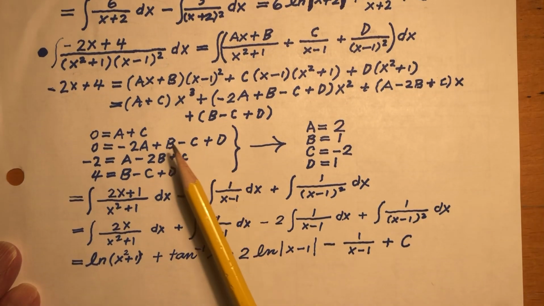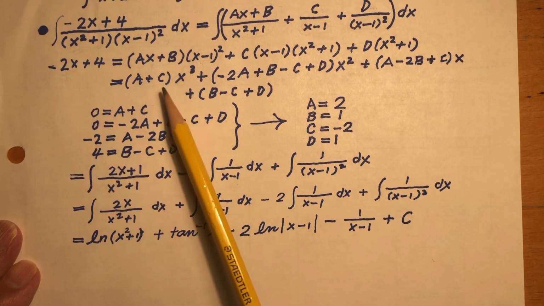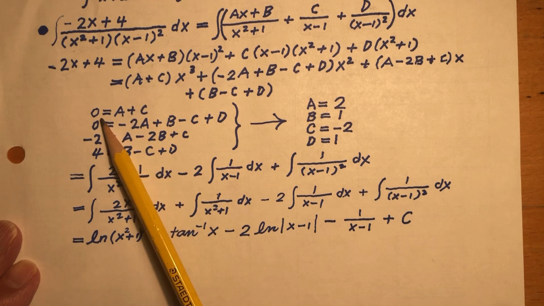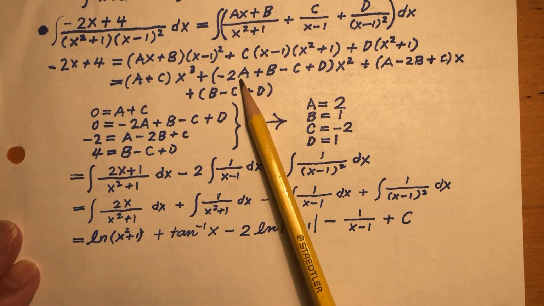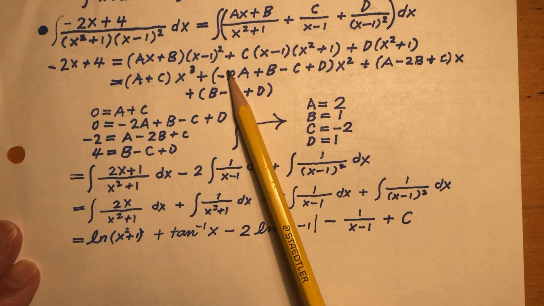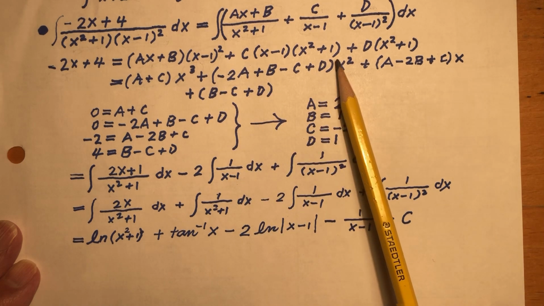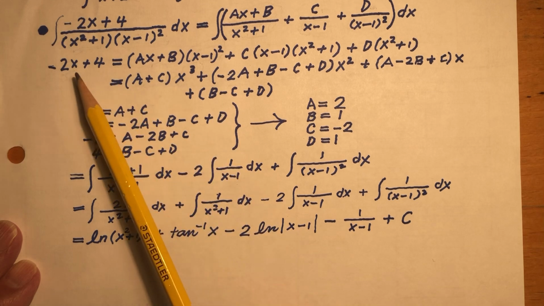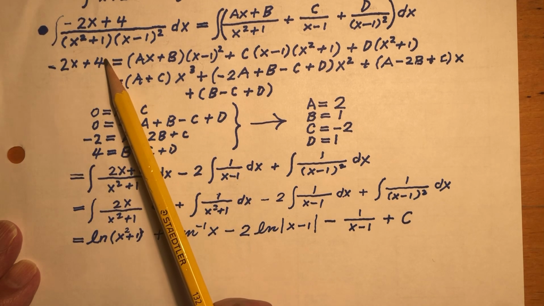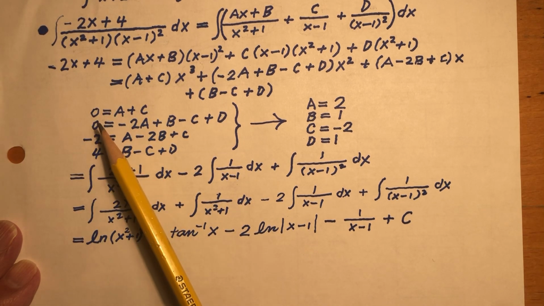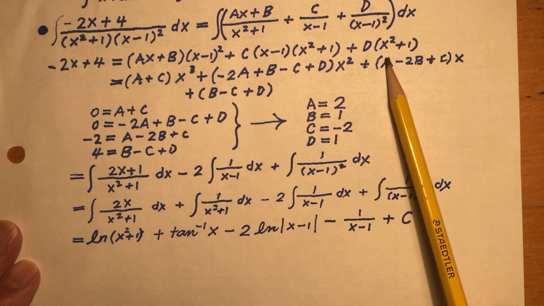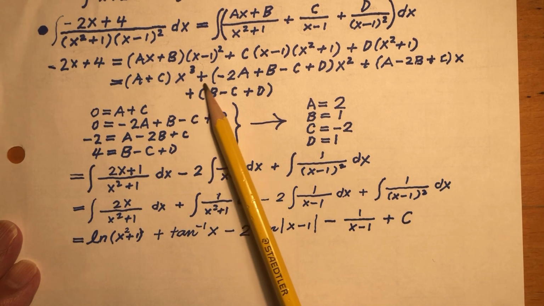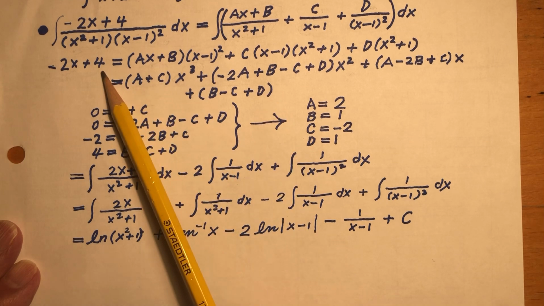I have this a plus c is 0. I have this, the coefficient of square term is also 0. There is no square term here on the left hand side. So this is equal to 0, and this should equal to this, and this should equal to this.